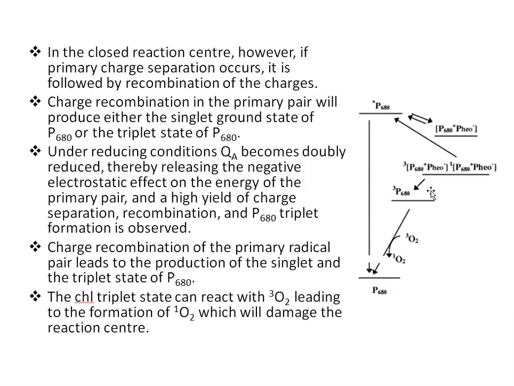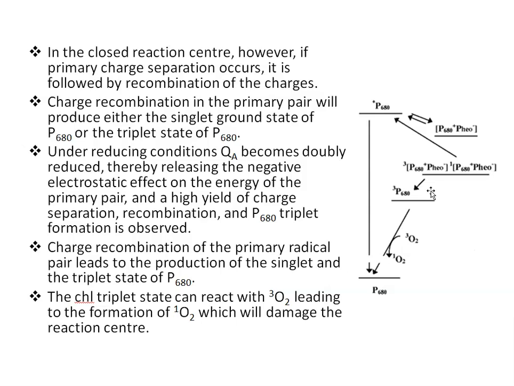Significant amounts of singlet oxygen are produced in photosystem 2 with large antenna under continuous illumination, and they are most likely linked to chlorophyll triplet formation by charge recombination of the primary pair in photosystem 2 and not to chlorophyll triplet formation in the antenna.